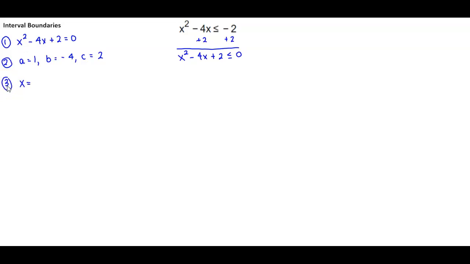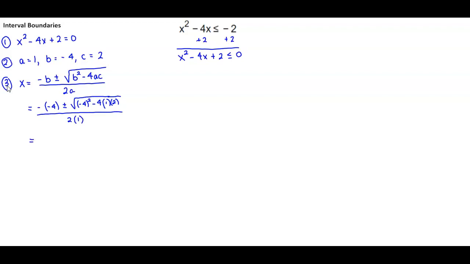So x equals -b plus or minus the square root of b squared minus 4ac divided by 2a. So let's plug in the values. So we have negative times -4 plus or minus the square root of b squared, which is -4 squared, minus 4 times a, which is 1, times c, which is 2, all over 2 times a, which is 1.